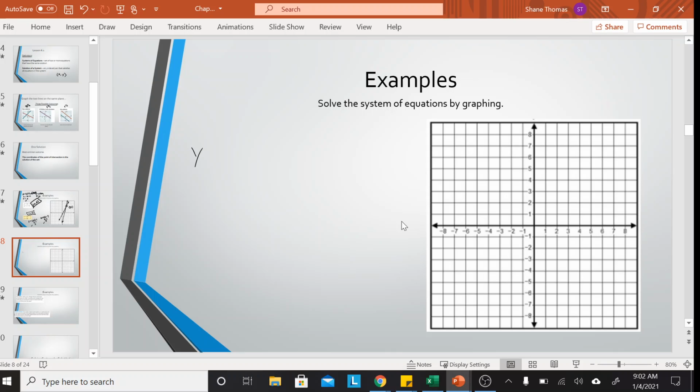Y equals 1/3 x plus 1, and y equals negative 3x. Oh, actually, no, I don't like that one. Let's try again. That one's going to be way off your screen. It's not very efficient.